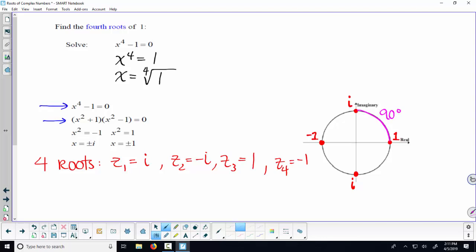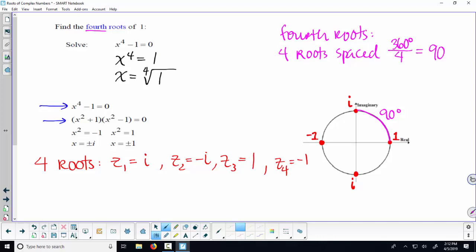If I'm talking about the fourth roots, there will be 4 roots spaced. We can always just take the full circle rotation, 360 divided by 4, so they are spaced 90 degrees apart.